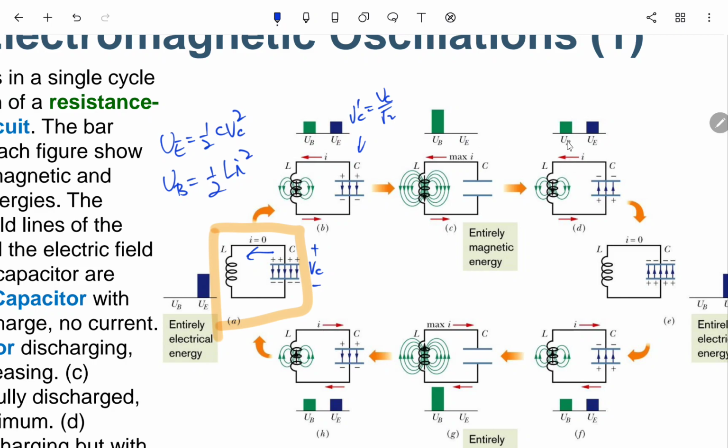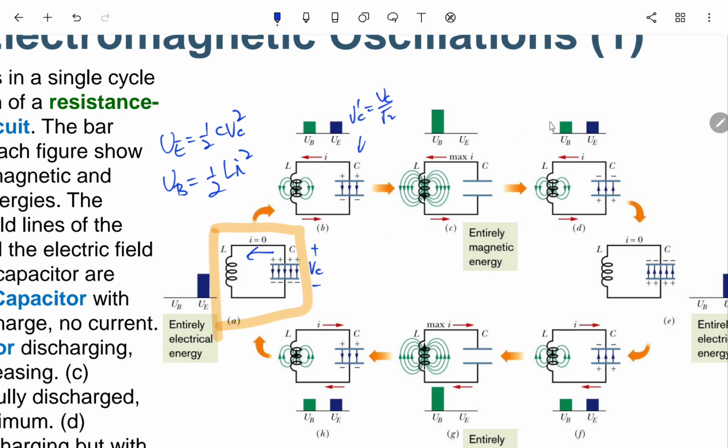Then the current is maximized but starts to decrease, still going counterclockwise but smaller in magnitude. So we have positive charge at the bottom plate and negative charge at the top plate of the capacitor. But since the energy is a square, even negative VC gives a positive value.